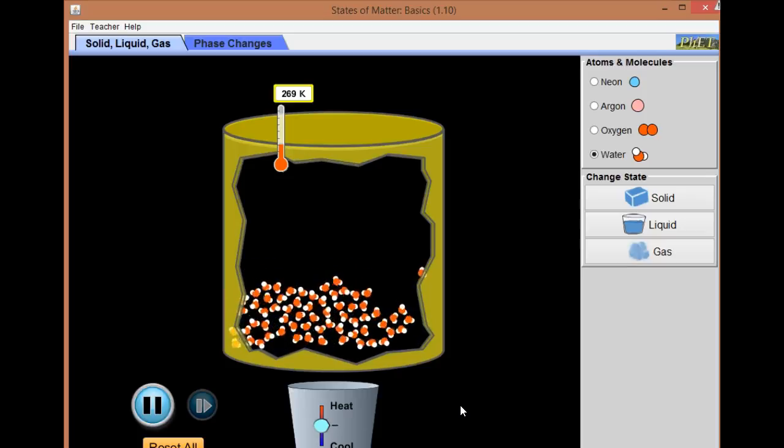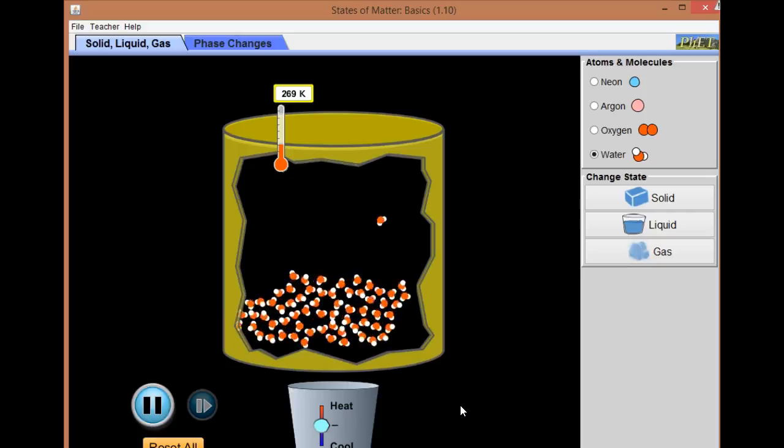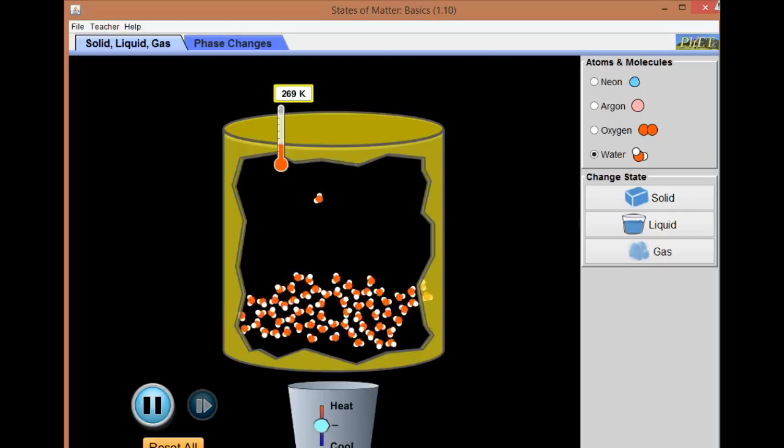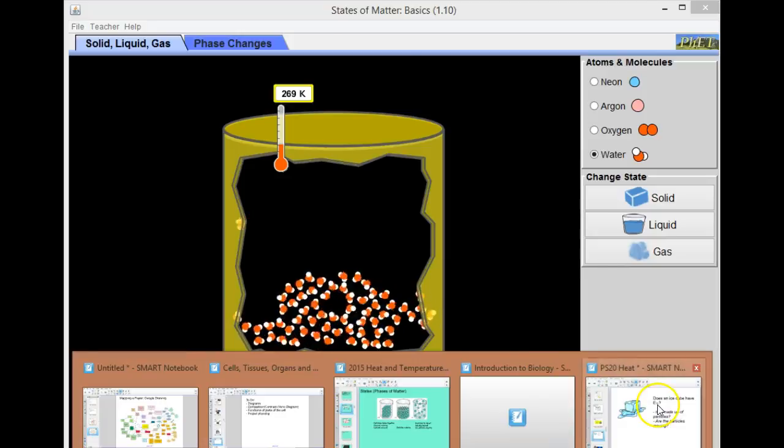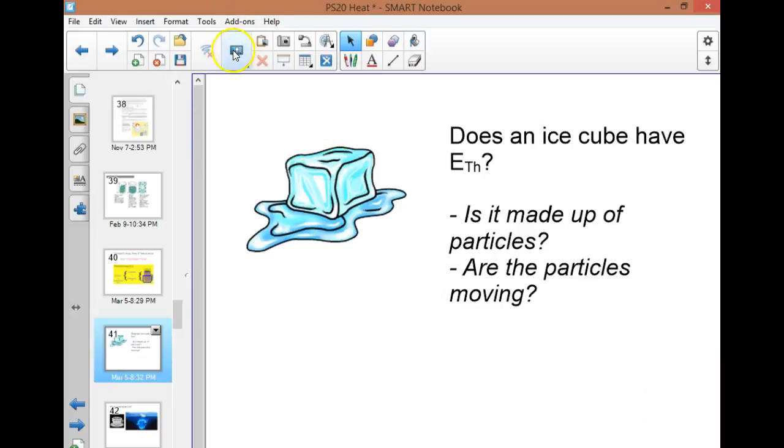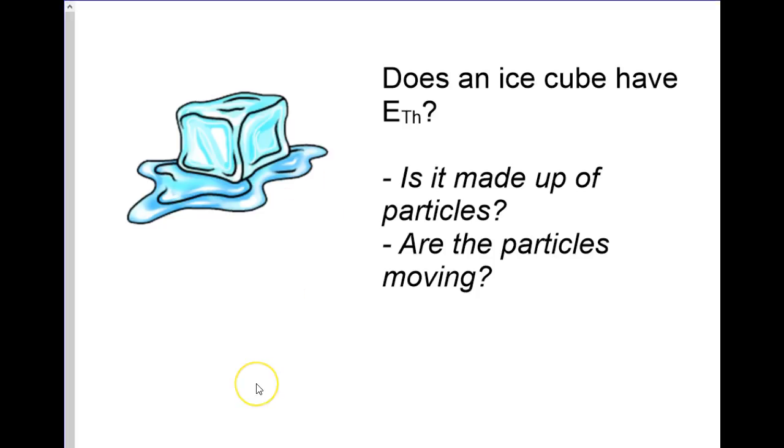Do those particles have motion? Absolutely. The correct answer to this question is yes. An ice cube does have thermal energy because an ice cube is made up of particles and those particles are moving. An ice cube does not have a great capacity to transfer heat, though, because the particles are moving relatively slowly.